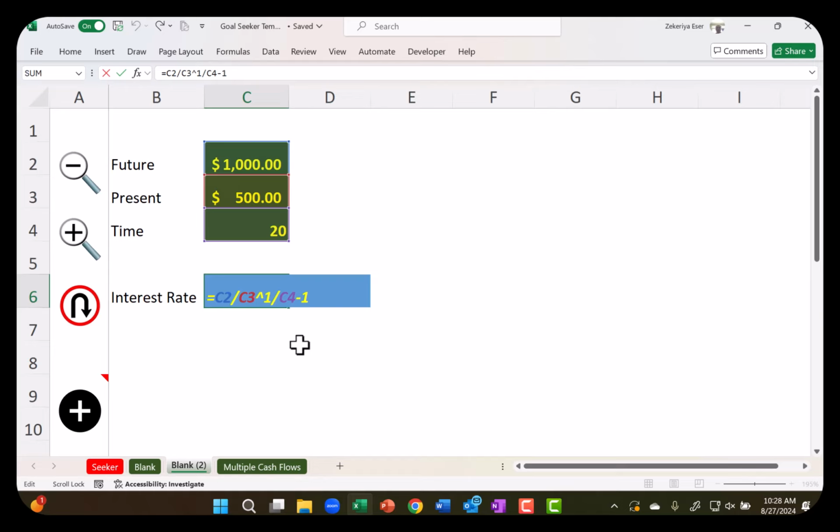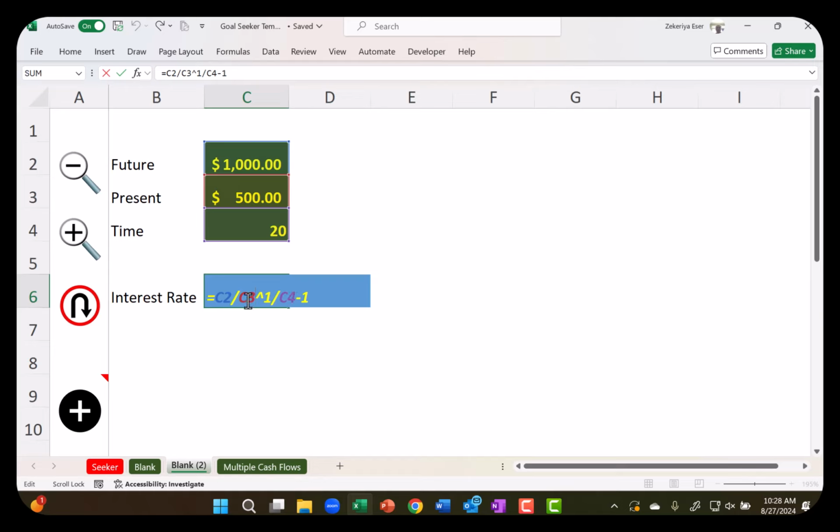So in this expression, I have no parentheses. So what is the first operation that's going to be calculated? C3 is going to be raised to the power of 1. What is C3? 500. Then there's going to be the divisions. And when there are multiple divisions or multiplications, they're executed from right to left, I think.